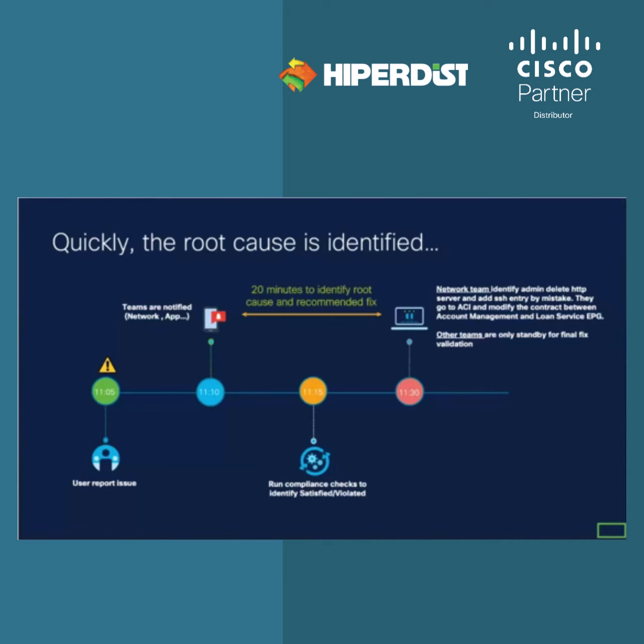What you can see in this scenario is that in the traditional way, it took more than 4 hours to resolve that issue. Now in less than 20 minutes, we have already identified the root cause of this issue using the Nexus Dashboard. We even ran a compliance check to see whether the compliance was satisfied or violated, and we were able to see the admin deleted HTTPS service filters and added SSH by mistake.